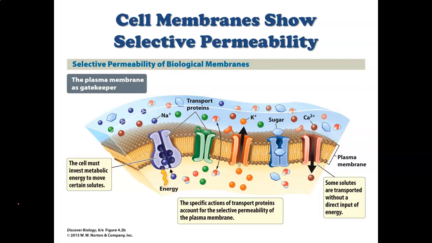It's like your window screen at home. Your window screen is also selectively permeable, right? It's permeable to the air molecules coming in and out, right? But it's not permeable to birds, whatever. In a similar way, the membrane, the phospholipid bilayer, is permeable to some things, but not permeable to other things.